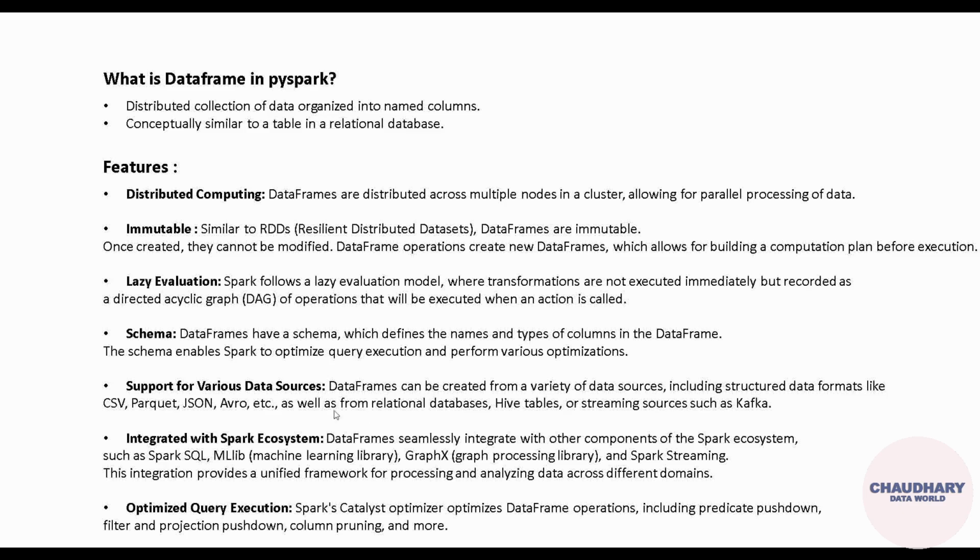It supports various data sources, as you can see from the examples in front of us. It is integrated with the Spark ecosystem very well. Now I was mentioning the differences between RDD and data frame.